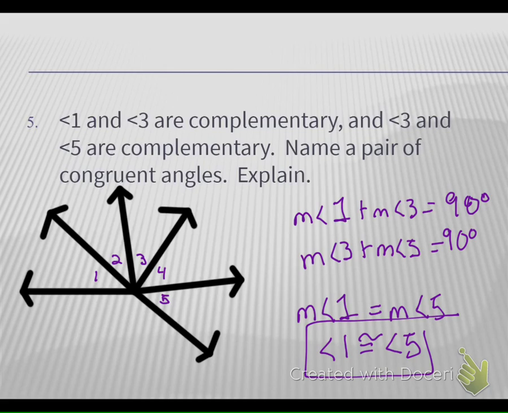Because they are both complementary to the same angle, we don't know that measure, but let's say it was 20. If this was 20, this one would have to be 70, right? If this was 20, how much would this one have to be? 70 again. So they had to be equal measure. So therefore we can say they're congruent.